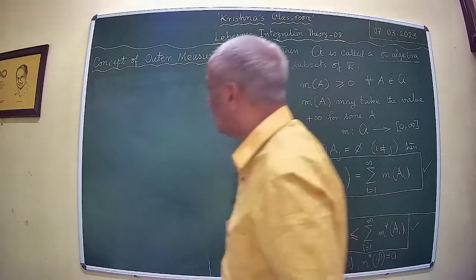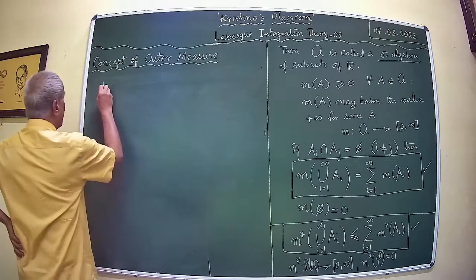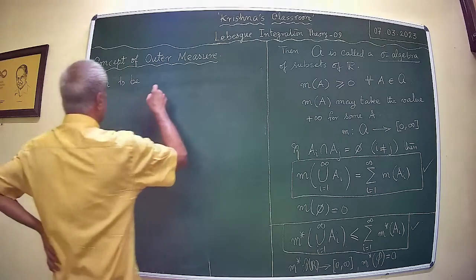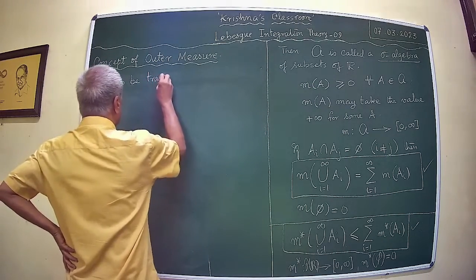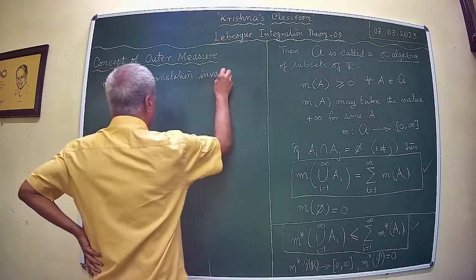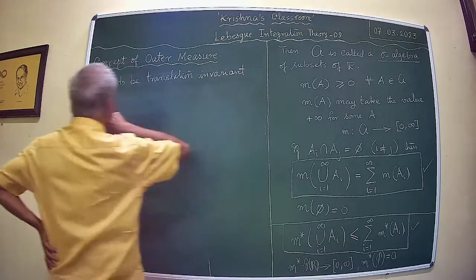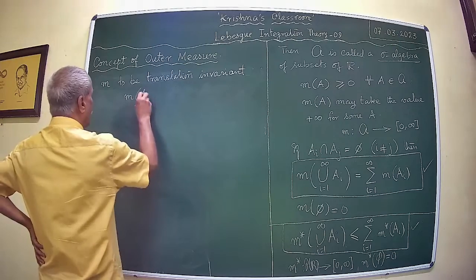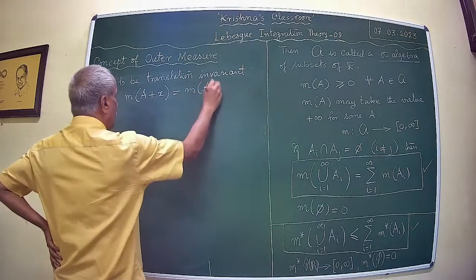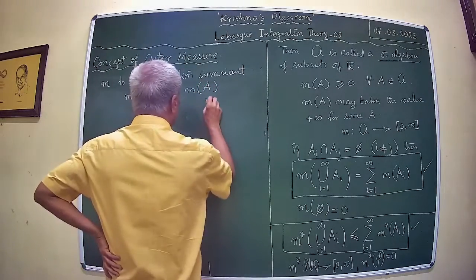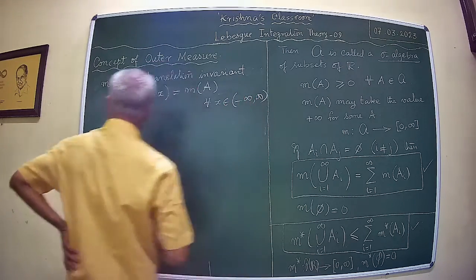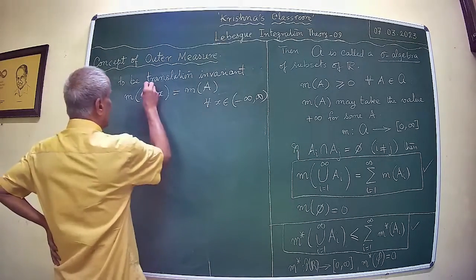We would like M to be translation invariant, namely M of A plus x equals M of A. This is called translation invariant.